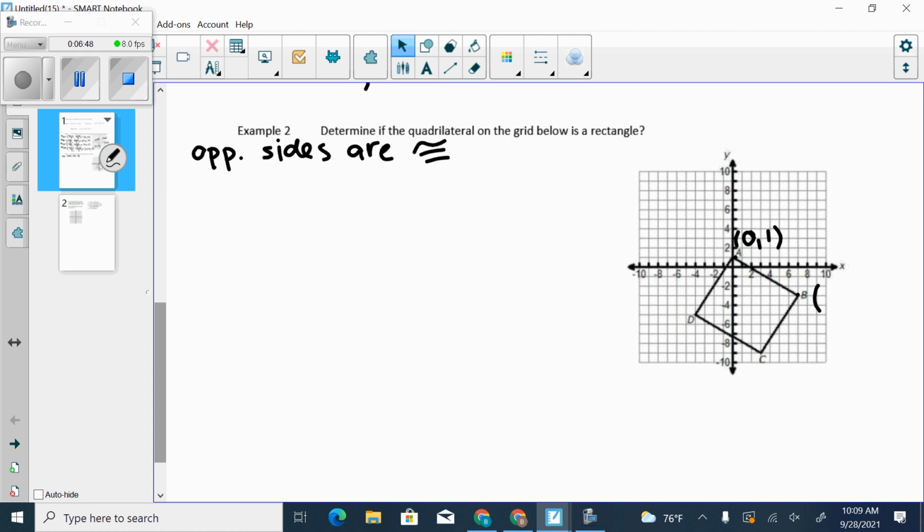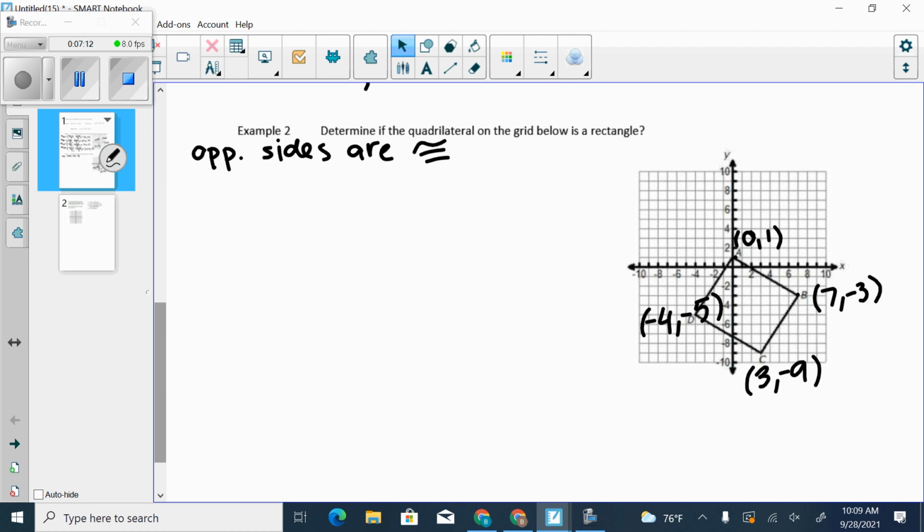Where's point B? Good. And C? And point D. All right, so those are the points that we'll be using in the distance formula.